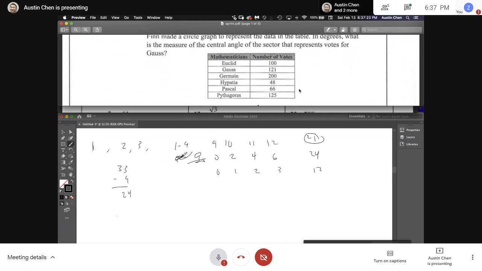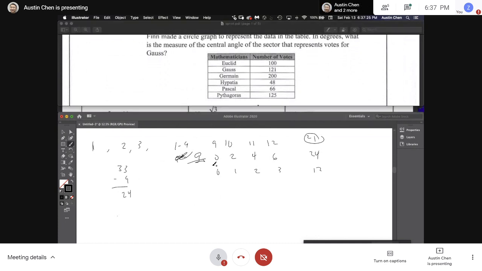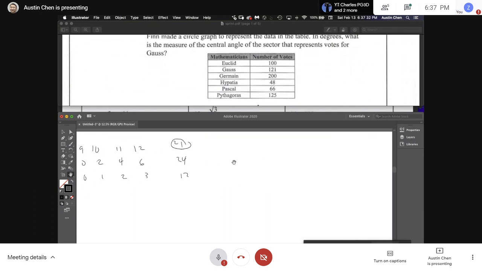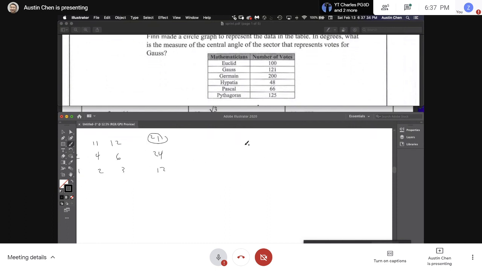Okay, well, we're making a circular graph of all of this, and we want to find the angle of the sector. The angle of that sector is just going to be the proportion of these votes to the total, like a fraction, and we're going to multiply that by 360 degrees, right?